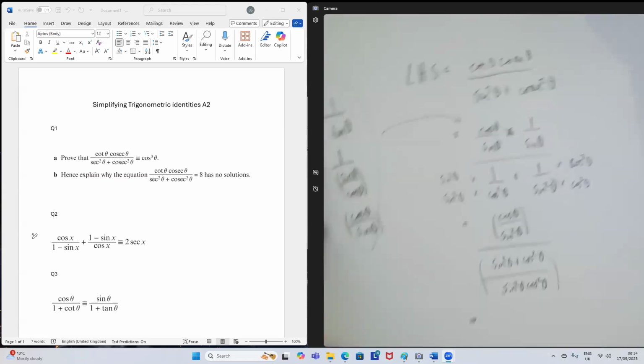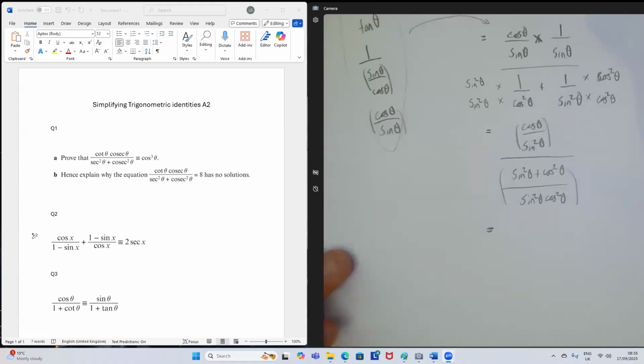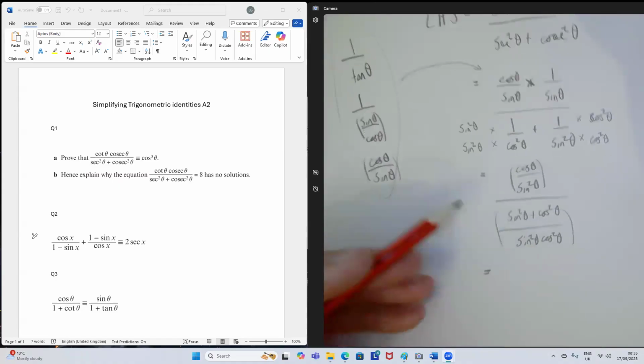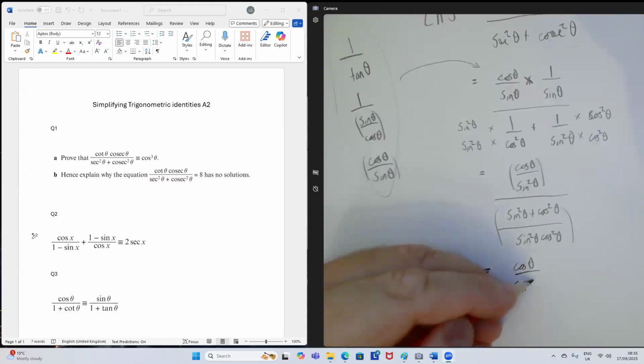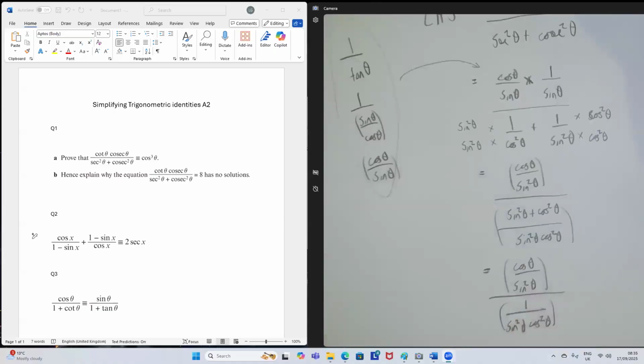Sine squared add cos squared is about to become 1. So sine squared add cos squared is 1. So this is now cos theta over sine squared theta all over 1 over sine squared theta cos squared theta, like so. And that's good.